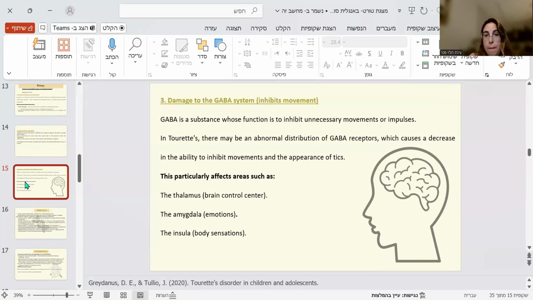In Tourette's, there may be an abnormal distribution of GABA receptors, which causes a decrease in the ability to inhibit movement and the appearance of tics. This particularly affects areas such as the thalamus, the brain control center, the amygdala, emotion, and the insula, body sensation.